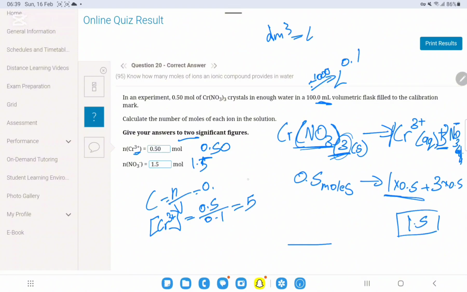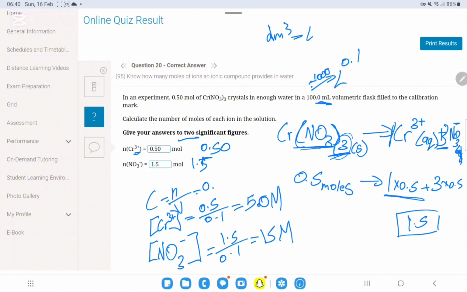And if they ask in this question 2 significant figures, 5.0 molarity, and the concentration of NO3- is 1.5 over 0.1 equals 15. Already 2 significant figures, capital M for molarity.